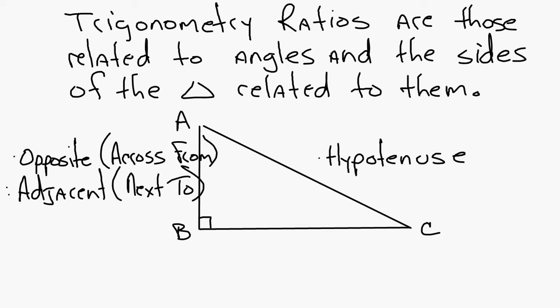So let's get another triangle on your paper with a little more room around it. It's going to be a right triangle again, ABC.